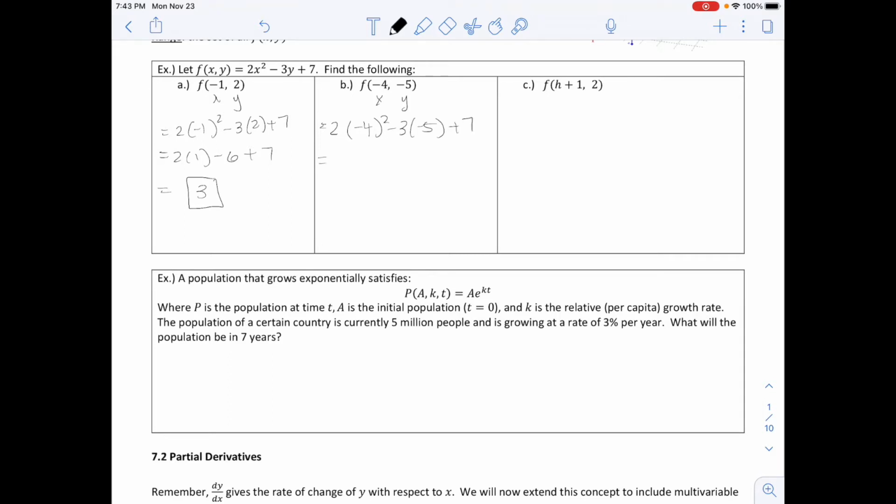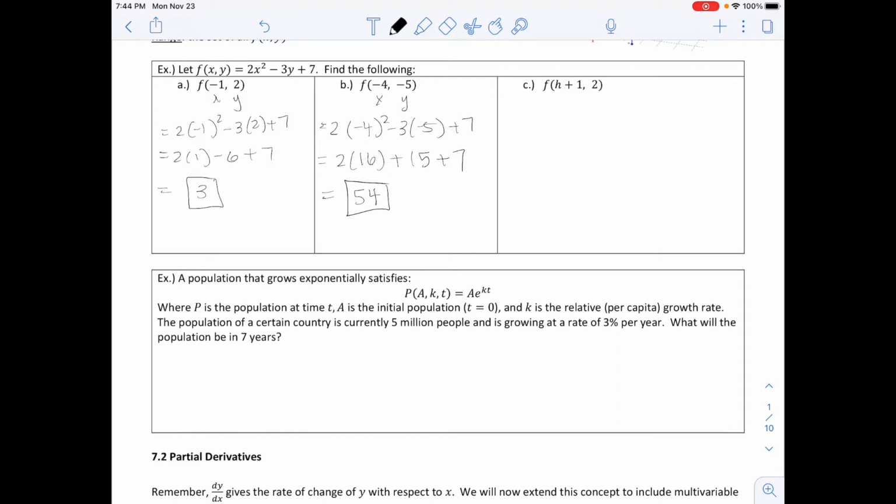It's good to put the values that you're substituting in parentheses, that way you don't make any mistakes while evaluating this and using order of operations. So we have 2 times +16 plus +15 plus 7. This works out to being 32 plus 15 plus 7, which works out to being 54.